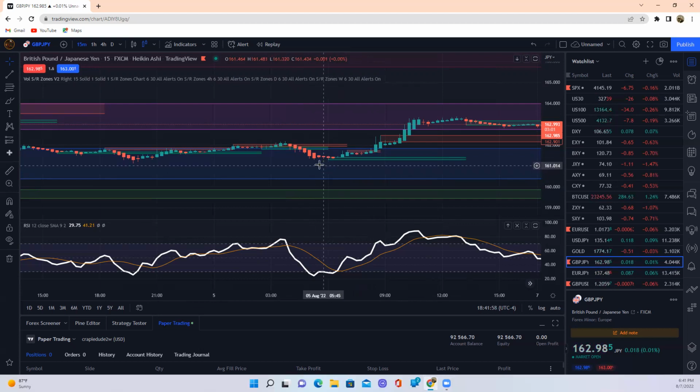Now, one thing to note about Heikin Ashi candles is it has wicks. And typically it has wicks on one side or the other, just based off of the pressure that's going on. So when price is in a bearish trend, you want to see long wicks to the downside. So you want to see these wicks right here on the bottom when price is trending down. These wicks are an indication of selling pressure, right?